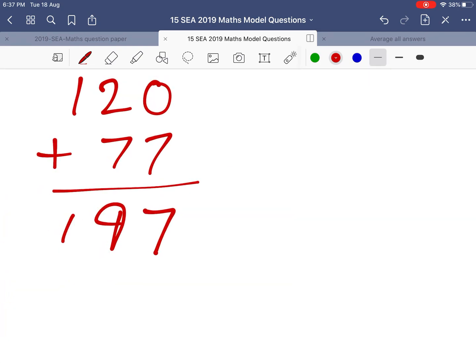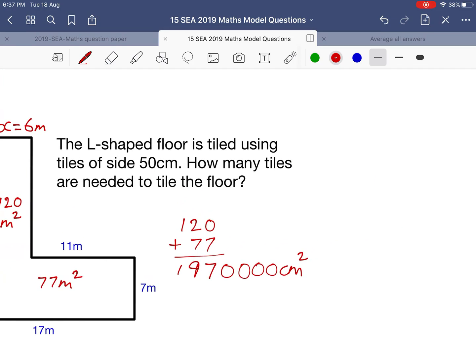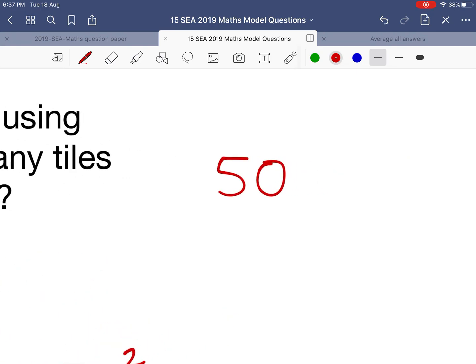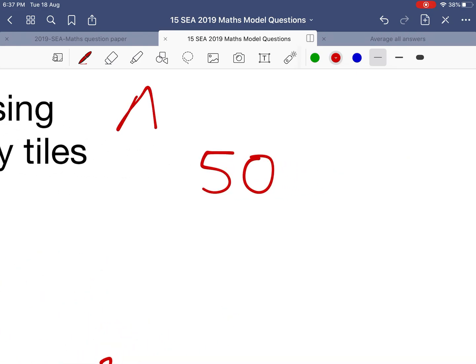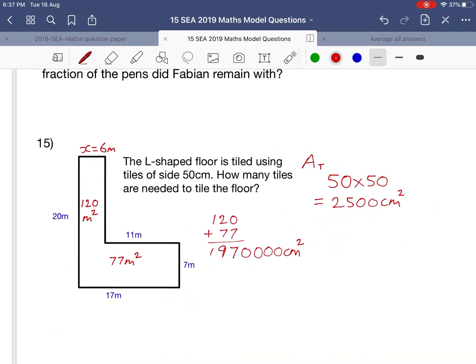To get meters squared to centimeters squared, we must add 4 zeros. The side of a tile is 50 centimeters, so the area of a tile would be 50 times 50, which is 5 5s are 25, put back 2 zeros, so that's 2,500 centimeters squared.